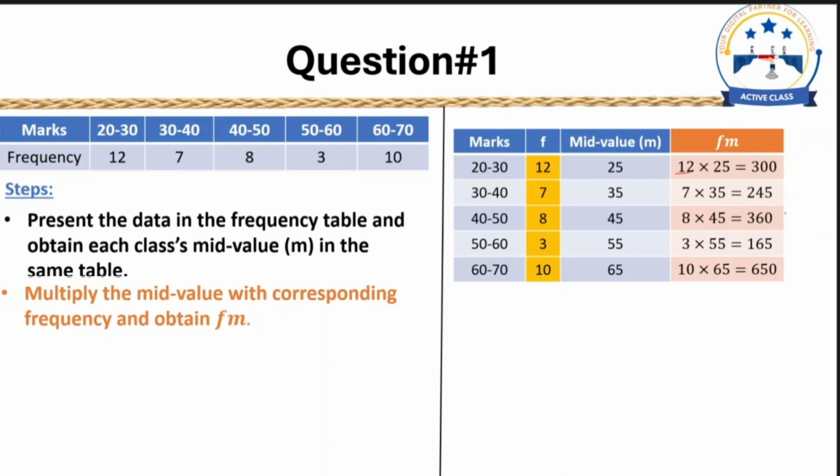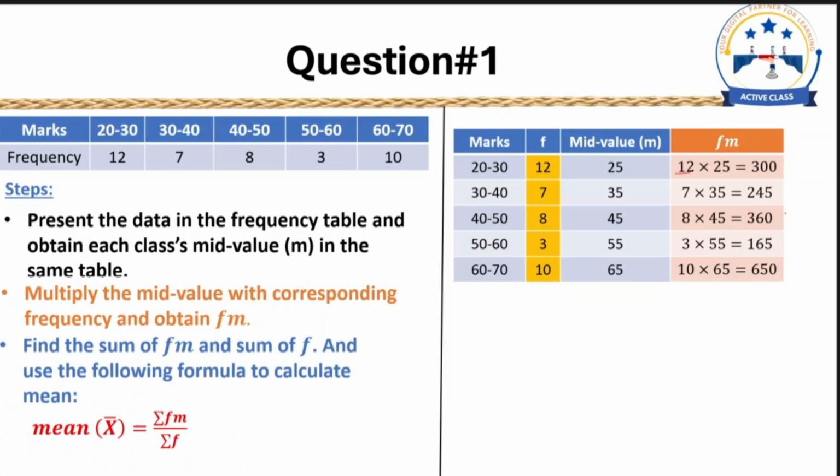Let's move to the third step. Find the sum of FM and the sum of F. Here, all the FMs are written in the third column and all the Fs, that is frequencies, are in yellow color. So if we add them, what do we get? We get the sum of F and the sum of FM.